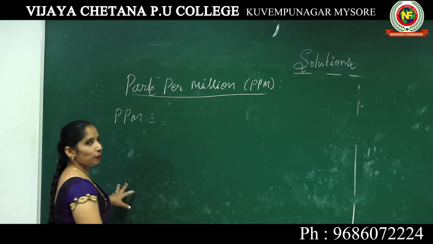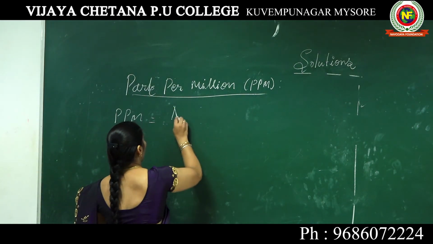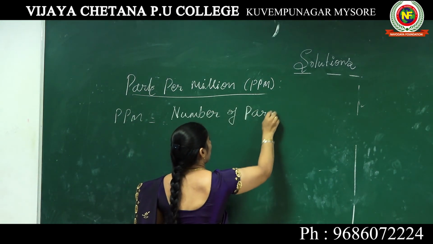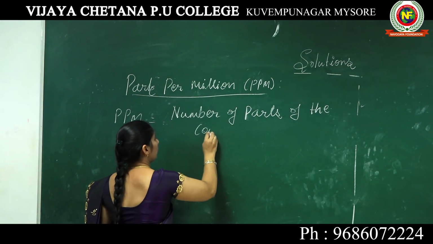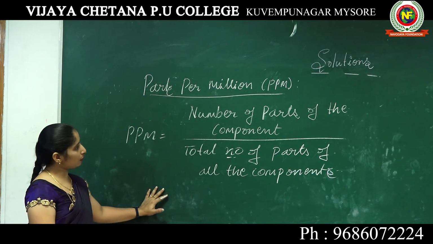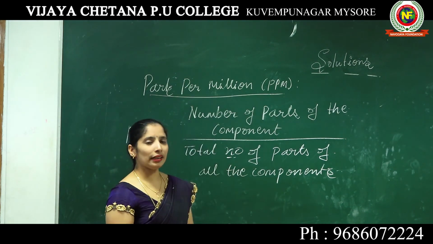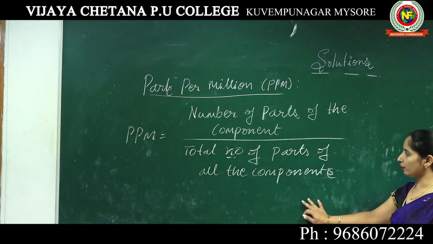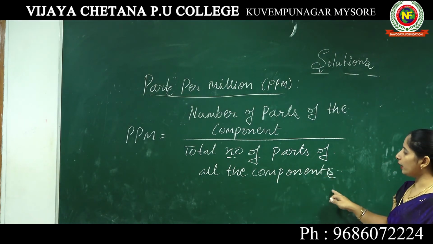Parts per million is nothing but the number of parts of the component by the total number of parts of all the components.